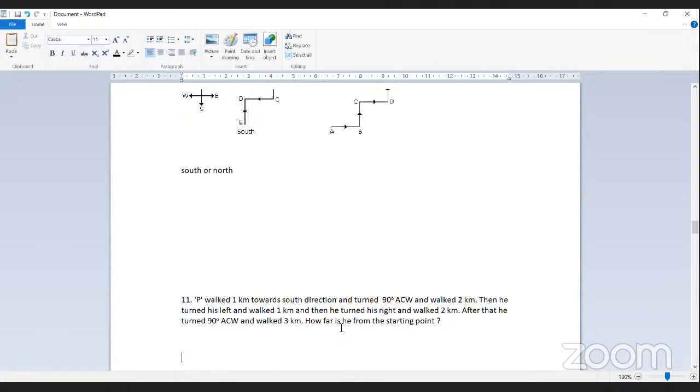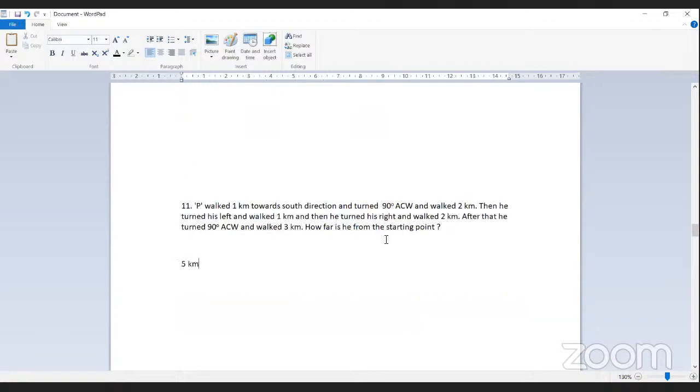Yes, that's correct. Ma'am, won't it be 3 kilometers?